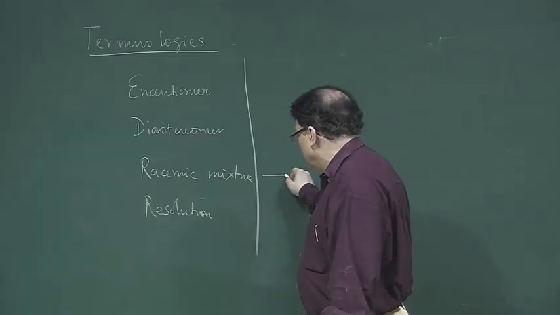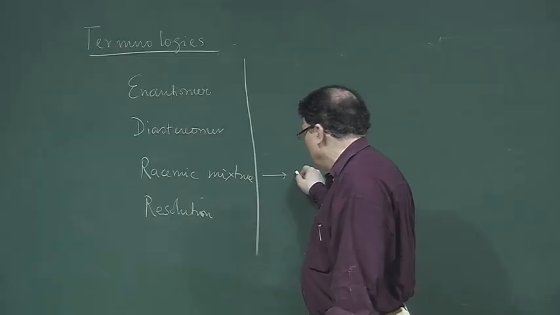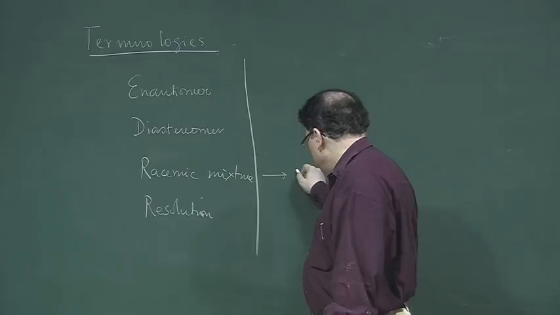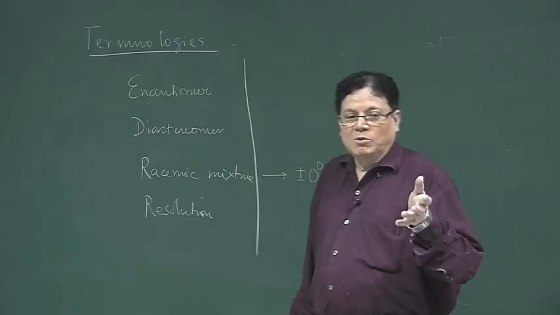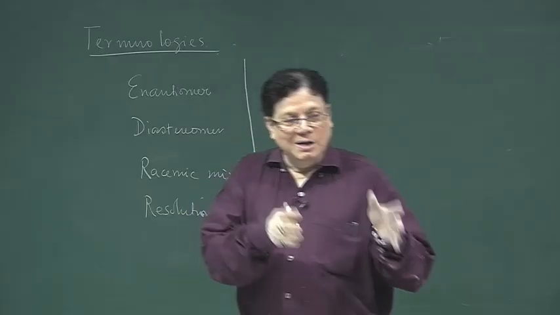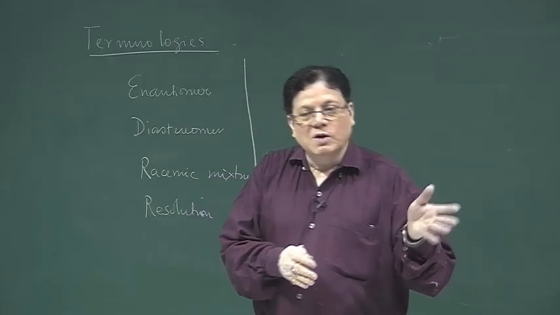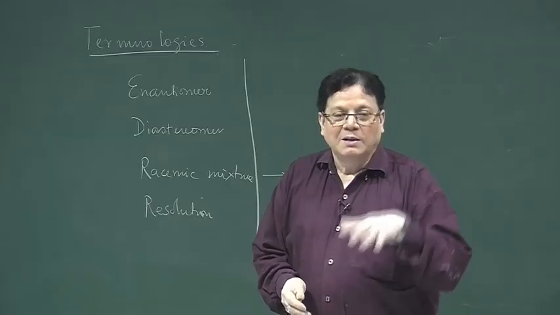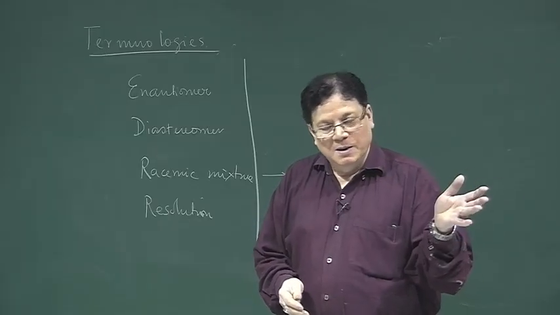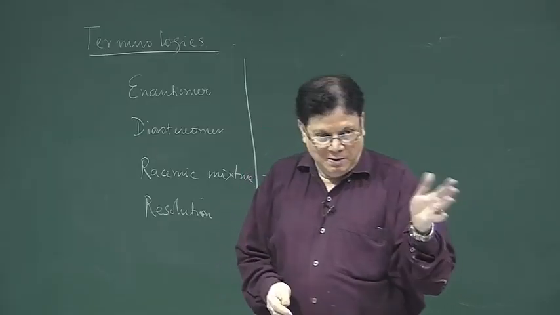So, the rotation of a racemic mixture will be 0, plus or minus 0, because the plus compound is present in equal amount. It will try to rotate the plane of polarized light by plus x degrees, and the minus compound will offset it by turning it back by minus x degrees.